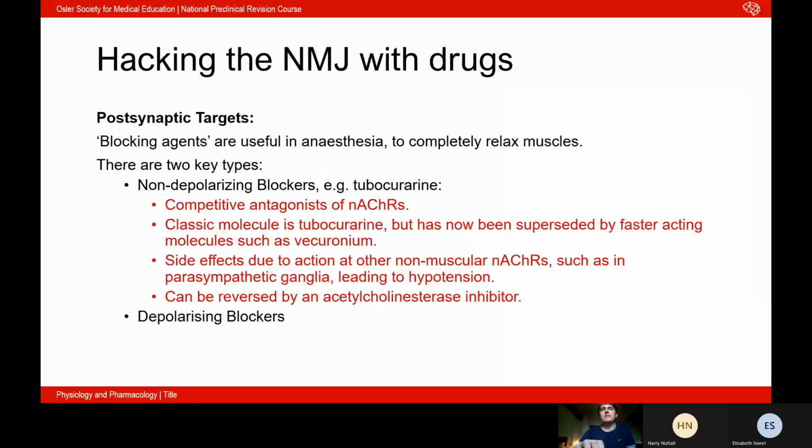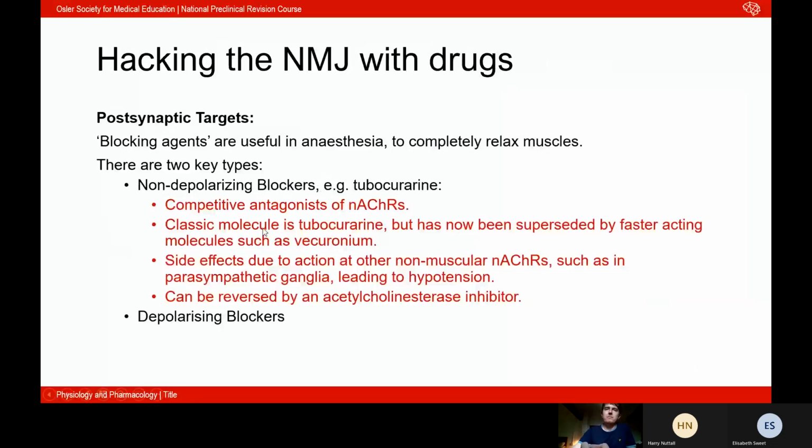It's a competitive antagonist of the acetylcholine receptors, and it blocks neuromuscular transmission and relaxes the muscles by stopping the transduction of the acetylcholine in the synaptic cleft, stopping that being turned into a postsynaptic depolarization. Tubocurarine is the classic molecule, but nowadays we have faster acting and less general molecules such as vecuronium.